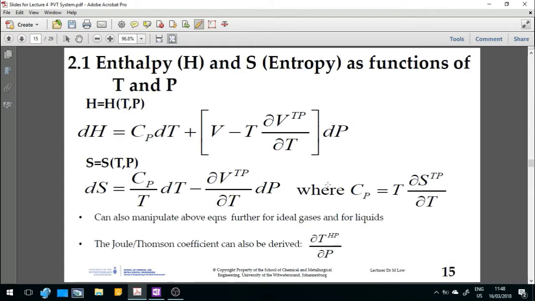But the whole point of the lecture was to get to deriving thermodynamic equations, which was dH and Cp. This is one of your equations. It was using H as a function of T and P, and S as a function of T and P to derive dH and dS with respect to Cp, V, T, as well as dS in terms of Cp and T, V. And using the definition where Cp equals T dS/dT.